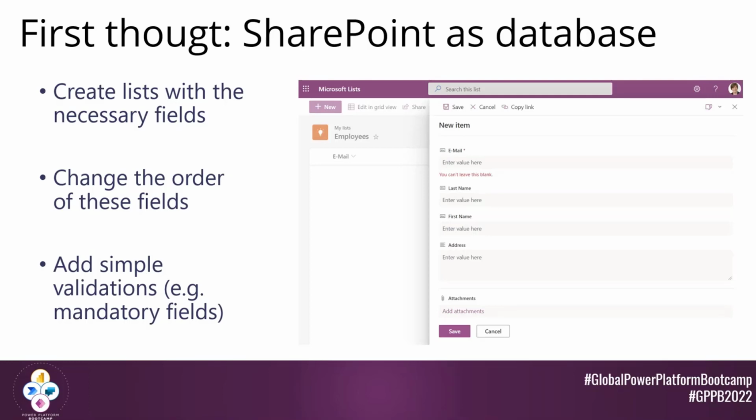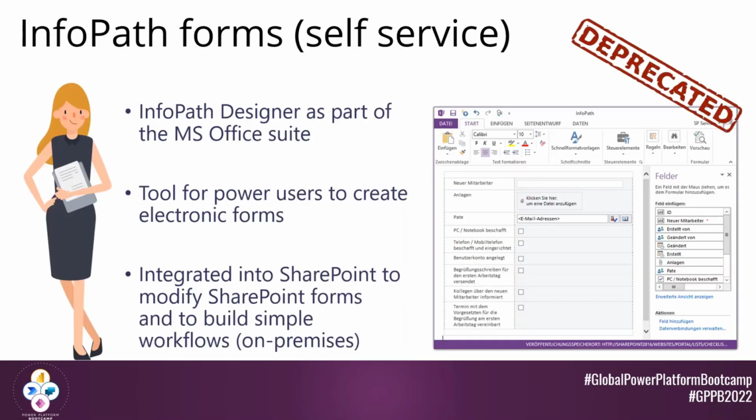And she knew that she can add simple validations. So think about mandatory fields. What is the minimal version of information you need for a candidate and for an application? So she did this.